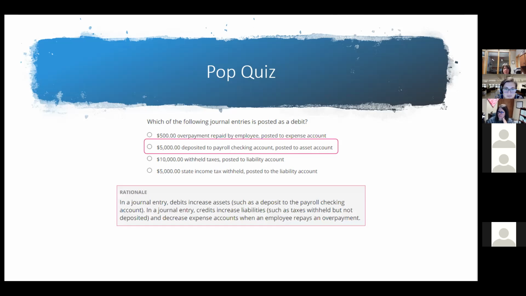All right, look at you smarty pants. B, the journal entry is B, 5,000 deposited into the checking account, posted as an asset. Because remember, cash is on the balance sheet and has a normal debit balance.